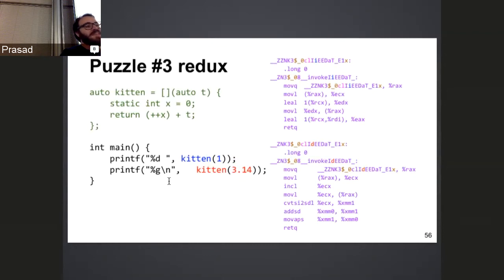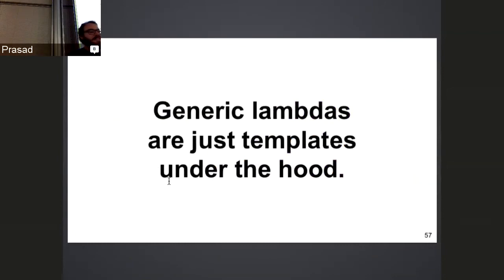But maybe just because we pass in a triangle doesn't necessarily mean we're calling triangle's operator plus. We might actually end up calling a scalene triangle or equilateral triangle's operator plus. We don't know, so it does still have to be virtual unless you do this attribute final nonsense. Polymorphism. Ugh. All right. So generic lambdas are just templates under the hood.